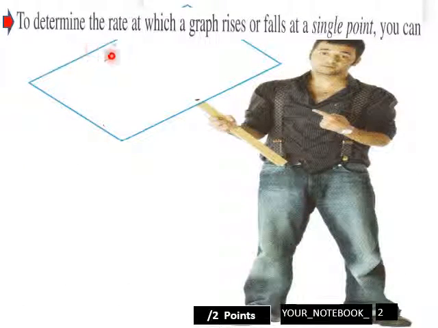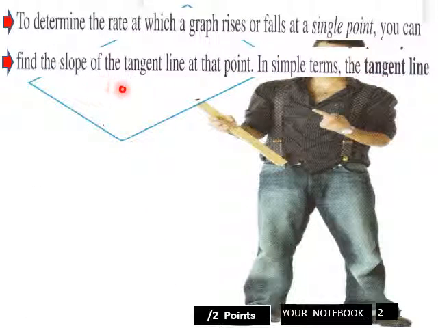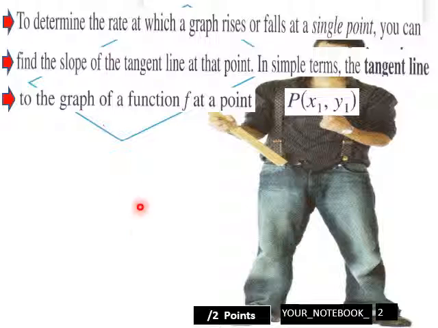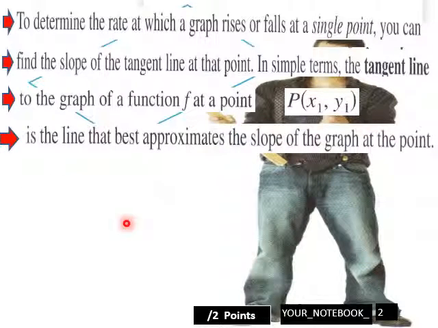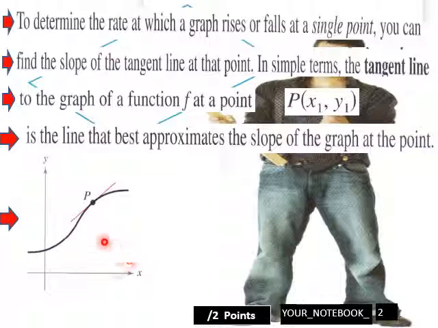To determine the rate at which a graph rises or falls at a single point, you can find the slope of the tangent line at that point. In simple terms, the tangent line to the graph of a function f at a point, say x1, y1, is a line that best approximates the slope of the graph at the point. So like this, here's your point here.